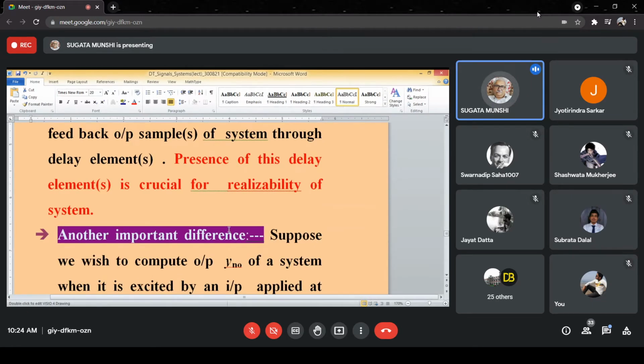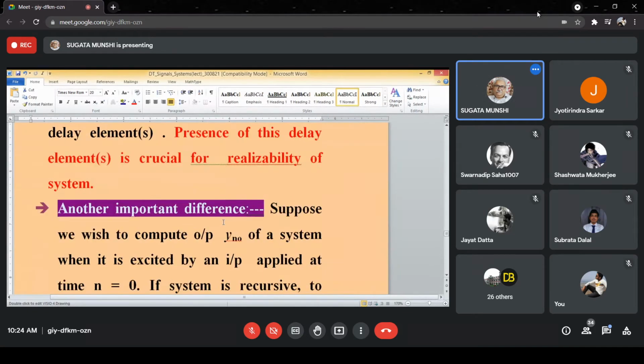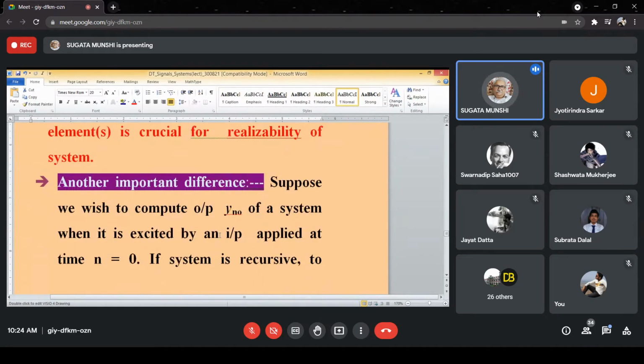Now, another important difference is that all along we have concentrated on digital filters or discrete time systems for online or real-time application. If we shift our attention to offline processing also, we will observe what I have written down here as another important difference. So in case of offline processing, what happens? All the data that have come in are stored in some bulk memory location.